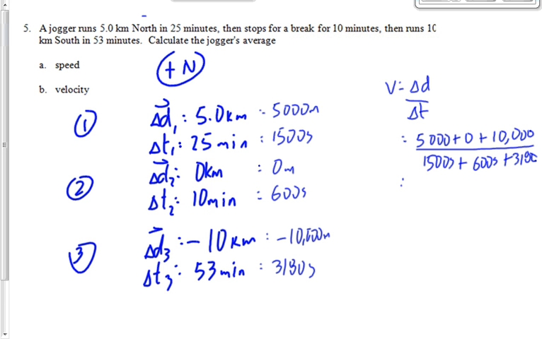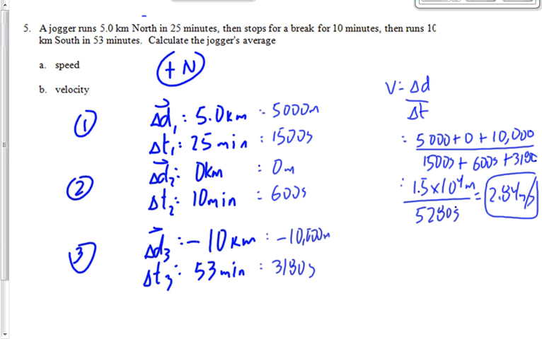That gives us 1.5 times 10 to the 4 meters over 5,280 seconds, which gives me 2.84 meters per second. Had you done that in kilometers per hour, you would have gotten an answer of 10.2 kilometers per hour.